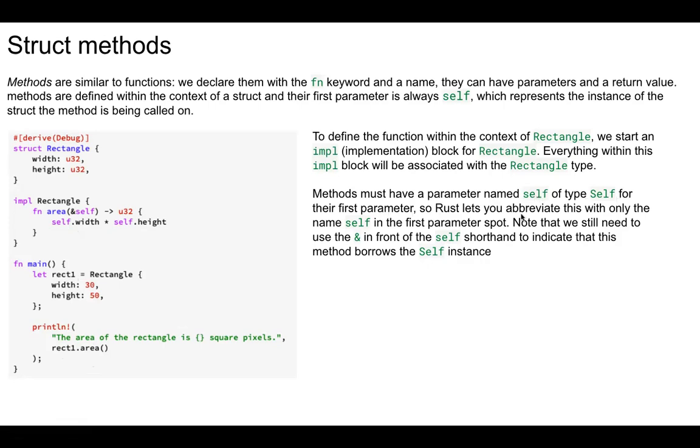Rust lets you abbreviate it in the form of ampersand self. Another thing: everything within the impl block, you can have multiple functions, not necessarily one function. Everything within the impl block is associated with the struct which you are implementing.